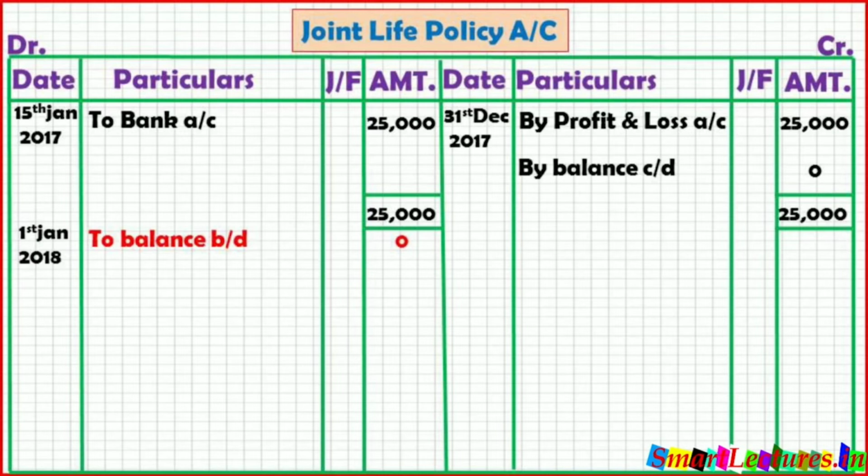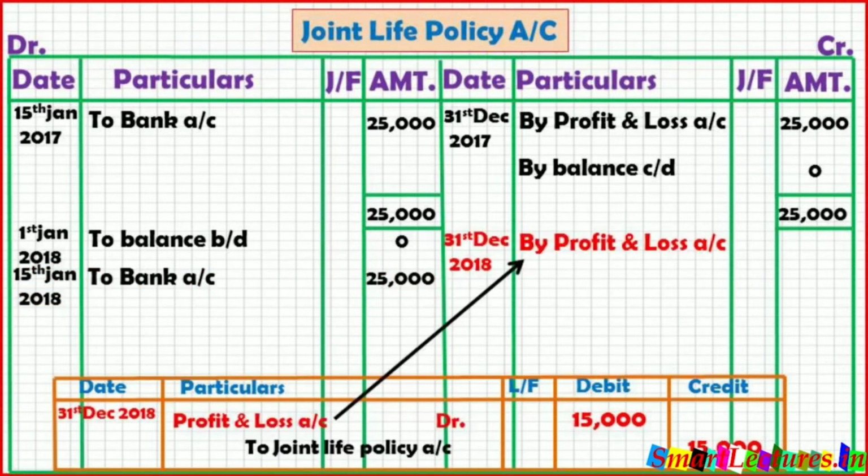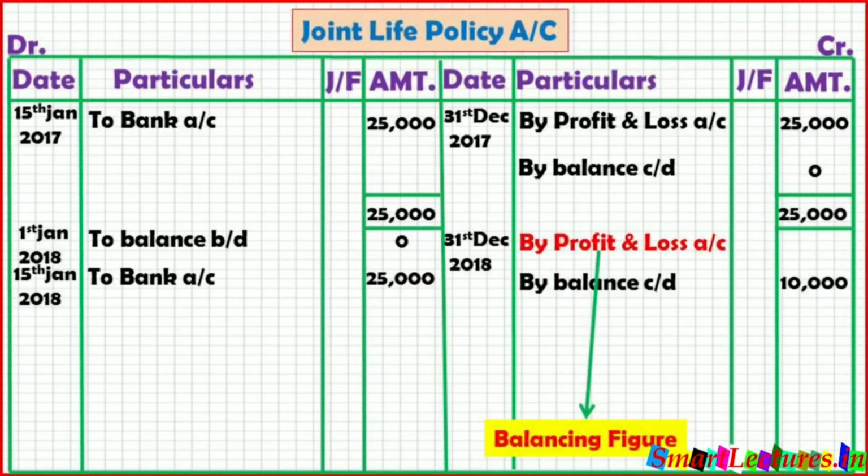Then on 15th January we have paid 25,000 rupees, so to bank account 25,000 rupees. Now come to the credit side. On 31st December 2018 by profit and loss account and by balance c/d. And today the c/d will be written as 10,000 rupees. And by profit and loss account, this is the balancing figure, and that will be 15,000.